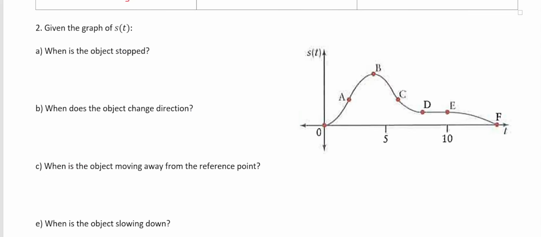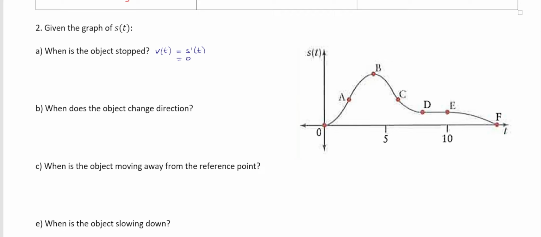In this section, we're looking at when the object is stopped. The object is stopped when the velocity function, which is just the first derivative of the position time function, is equal to 0. So we can say that it's starting at rest right here.